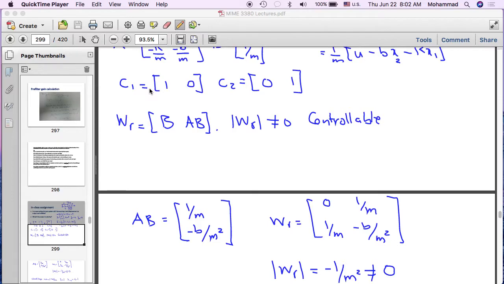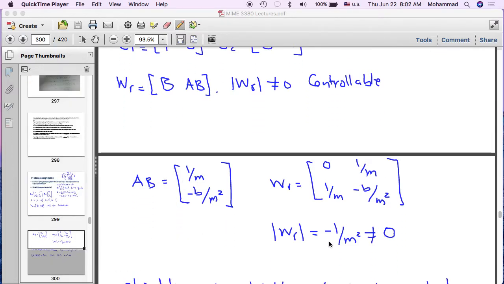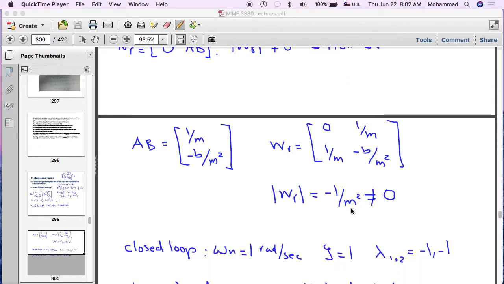So we found what A times B was, and we already knew what B was. So we formed the reachability matrix. This is B, and this is A times B as we calculated here. Then we looked at the determinant, and it is clear that as long as M is not very large, as long as M is not approaching infinity for this system, the system would remain controllable.